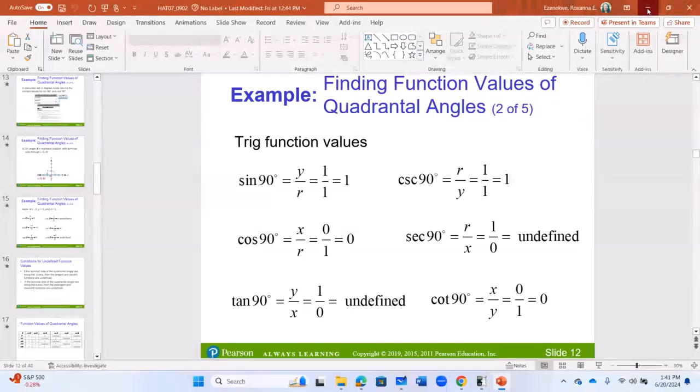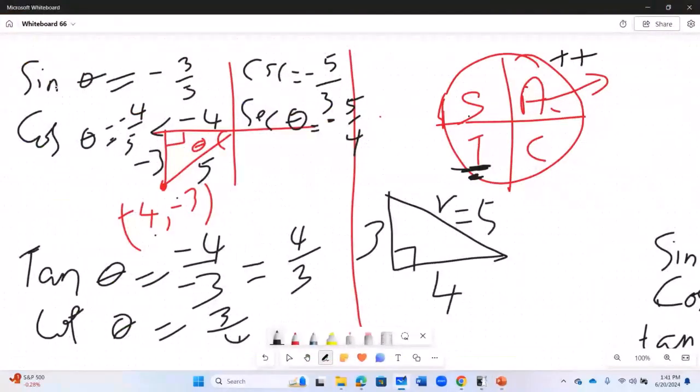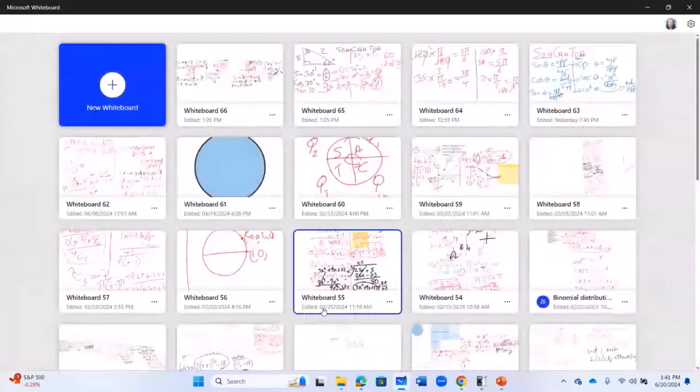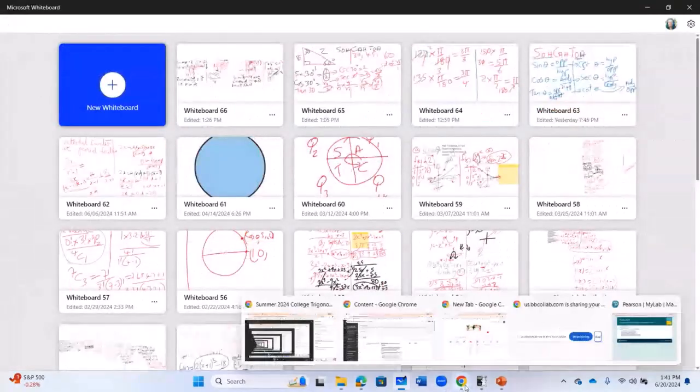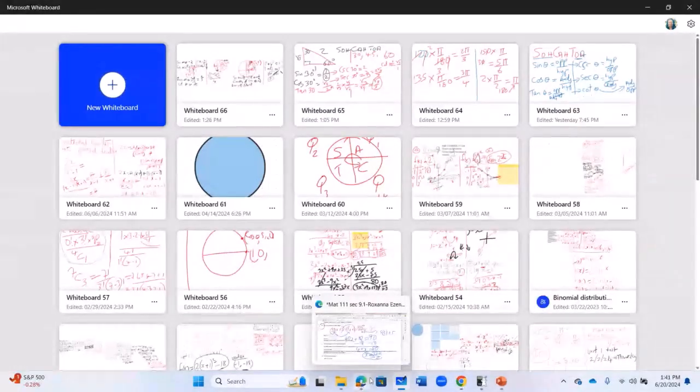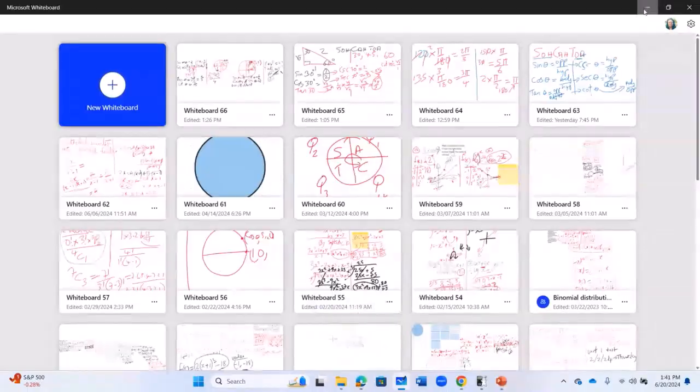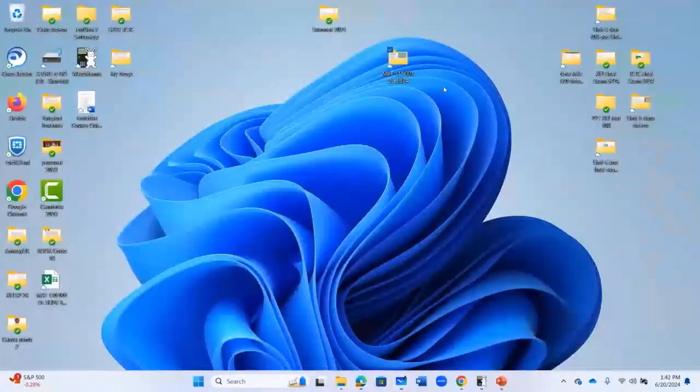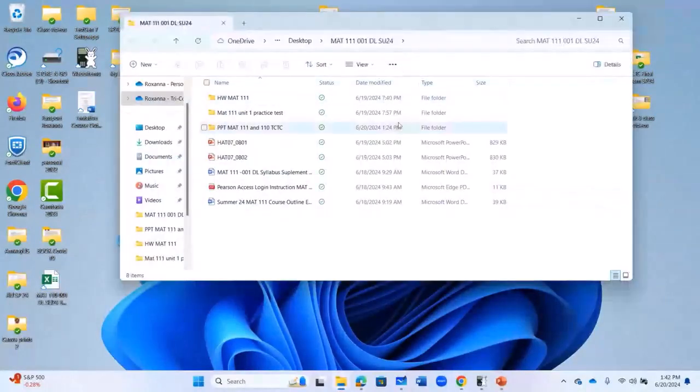So, suppose we are actually talking about, let's go back to the unit circle. In fact, I need to bring back my blank unit circle, and let's do something that we want to remember all the time.